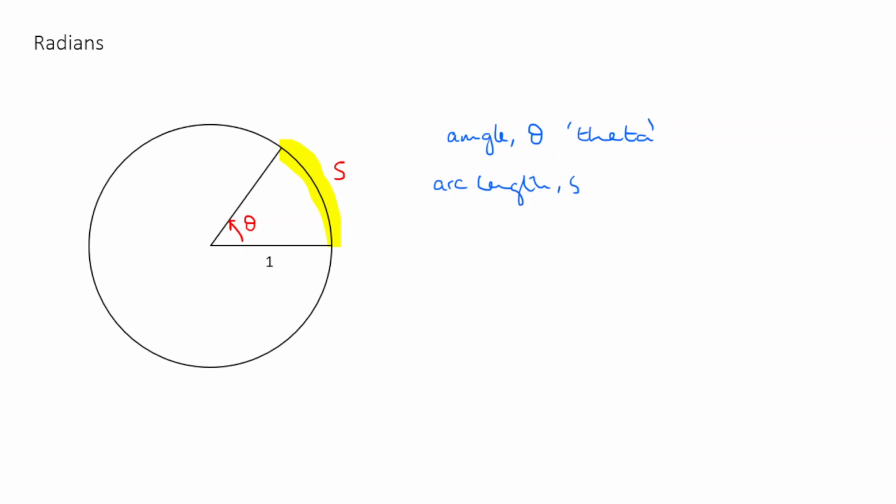So if we have a unit circle, which means the radius is 1, then the angle in radians is just equal to the arc length.